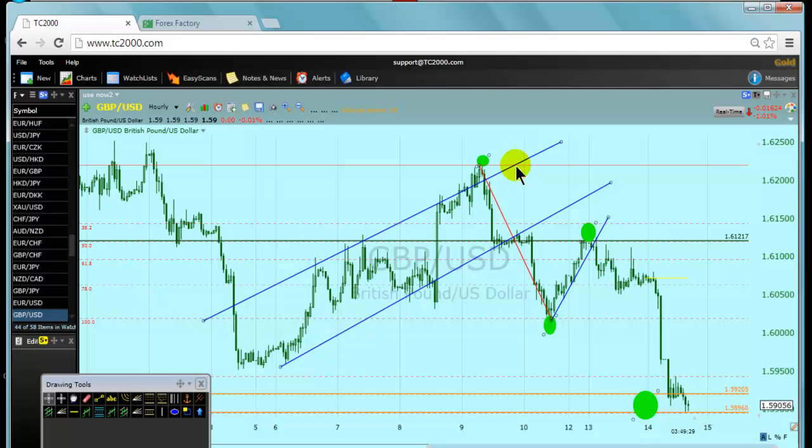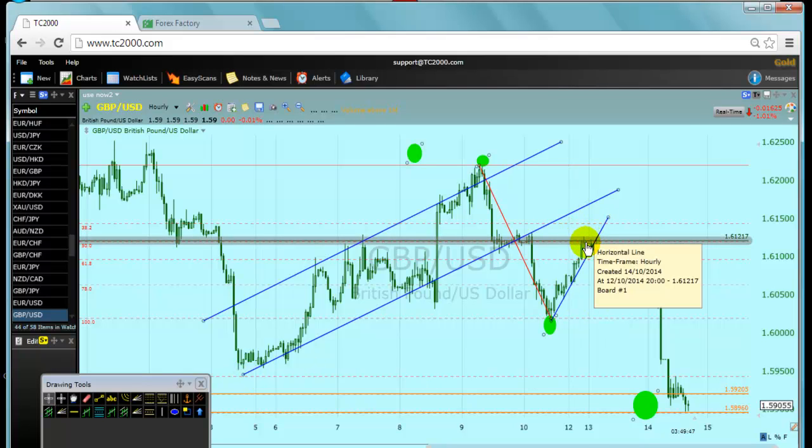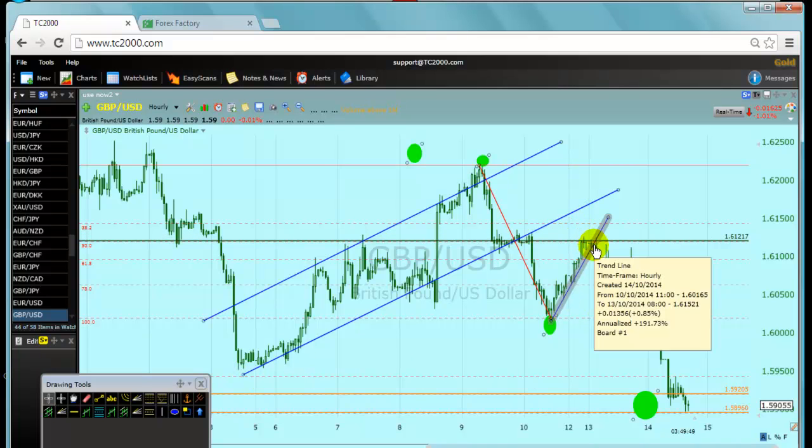Now the price came out of the channel. Okay, let's remove this so you can see it. In this case, the market did not push it to the edge of the channel. I don't know why, but the market did not push it here. All right. There may be another reason why the market did not do that.